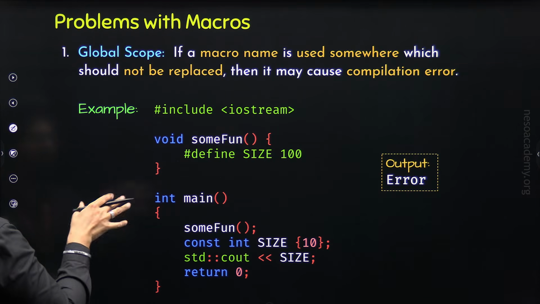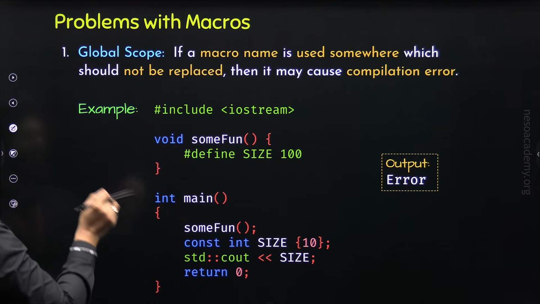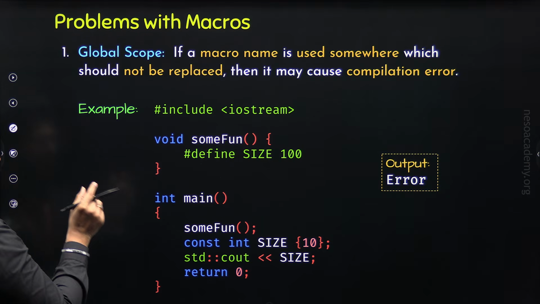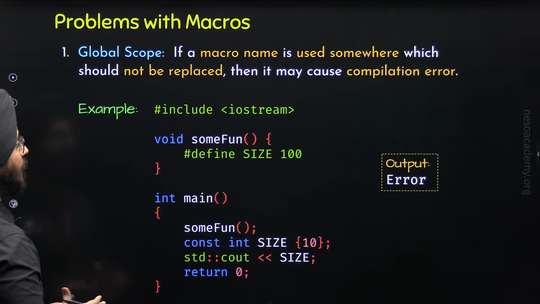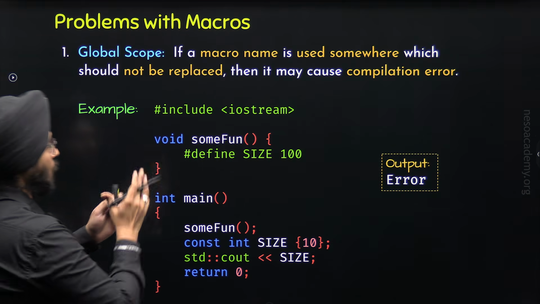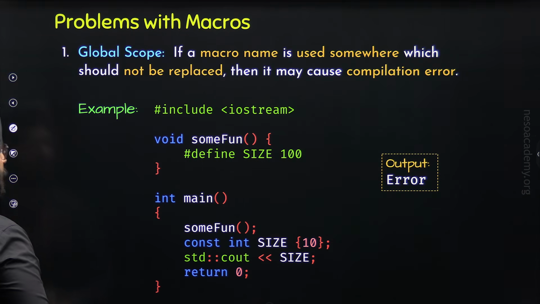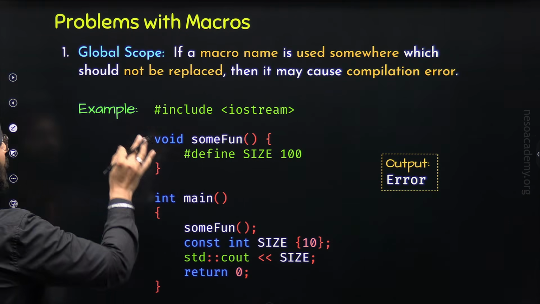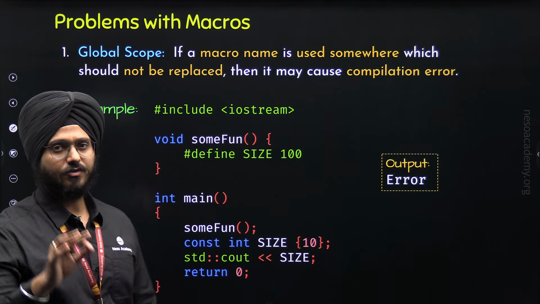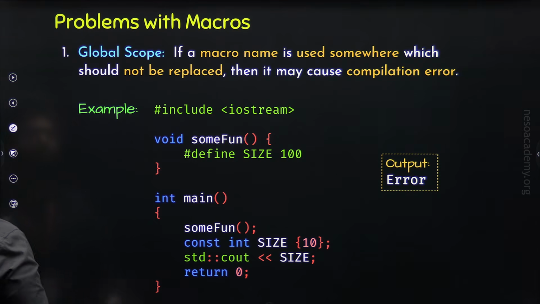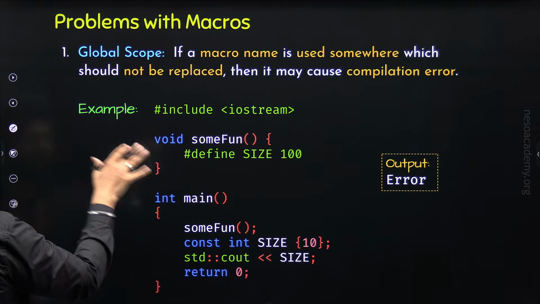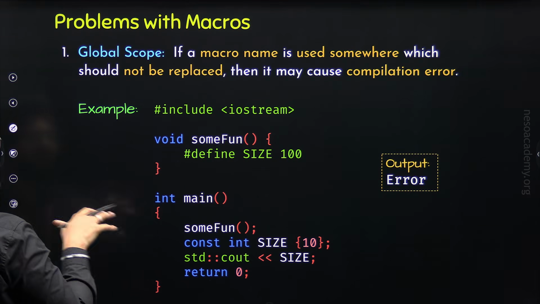If we use a macro in the code, then it has the global scope. We cannot use the same name of the macro anywhere in the code. And it is quite difficult to find the source of the error in the code as well. Due to this reason, macros are disregarded in modern C++. So with this, we have understood the first problem that is faced when we use macros in the code.